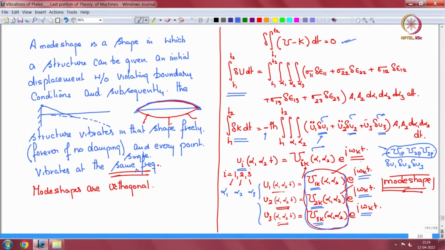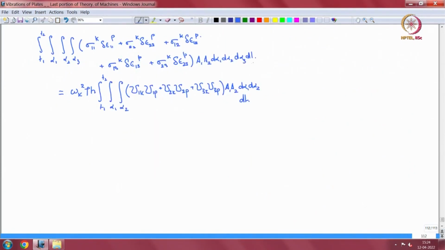Of course, the temporal terms e to the power j omega k t will be there, so you will get e to the power j omega k plus omega p times t, and nowhere else is there time. So this time integral will get eliminated from both sides, and we will deal with only the spatial integrals.